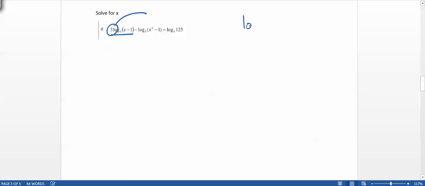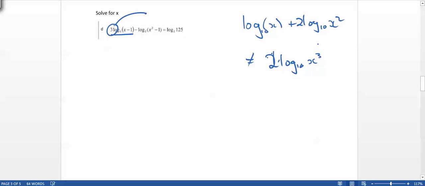For example, log to the base 10 of x plus log to the base 10 of x squared does not equal 2 log to the base 10 of x cubed.